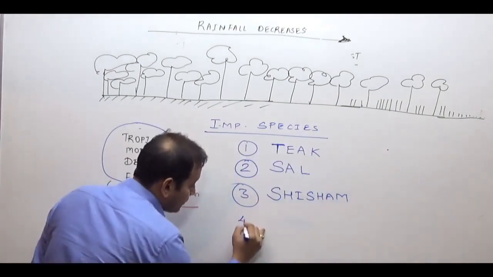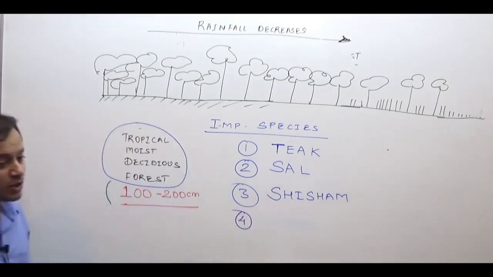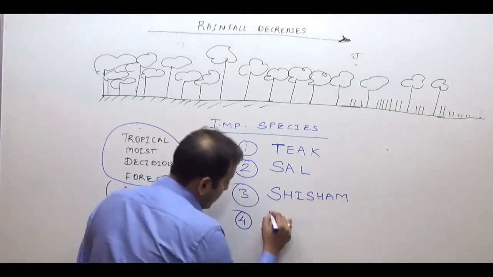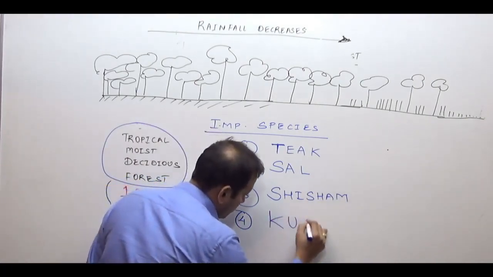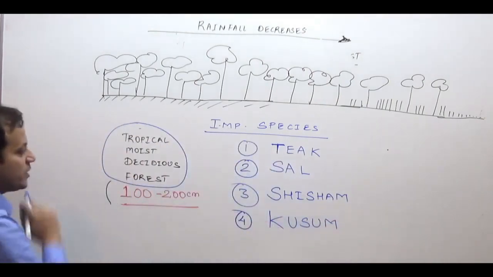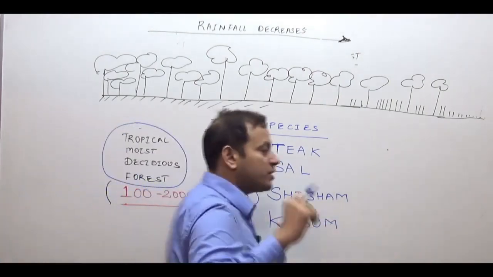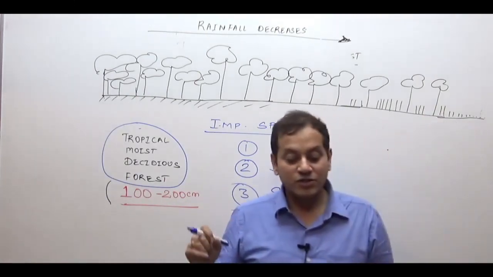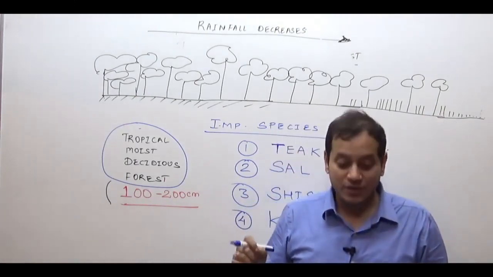The fourth important species found in this region is kusum. Teakwood, sal, shisham, kusum are the species of the moist deciduous forest.